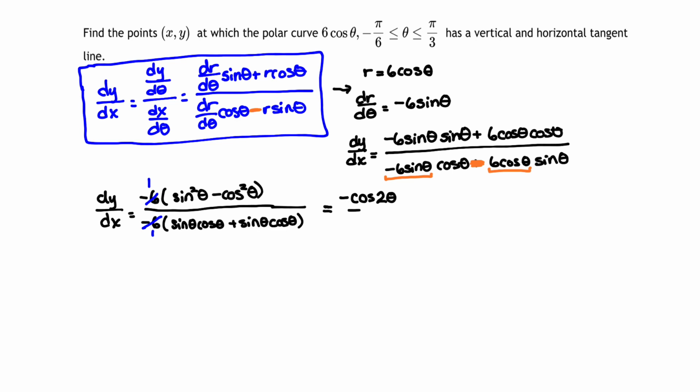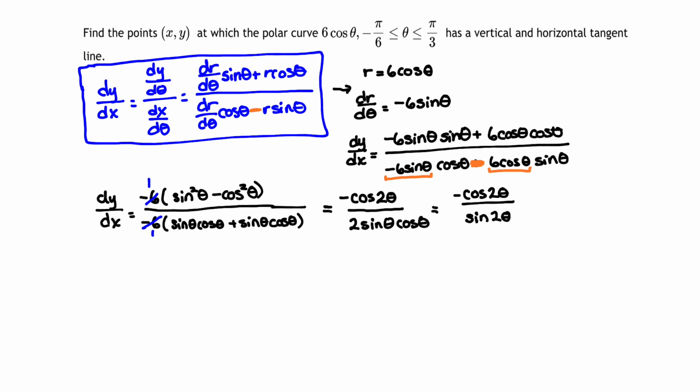And in the bottom, I have sine theta cos theta plus sine theta cos theta, which is 2 sine theta cos theta, and that can be recognized as sine 2 theta. So what I've got here is negative cosine 2 theta in the numerator and sine 2 theta in the denominator. Nice, short, and sweet.